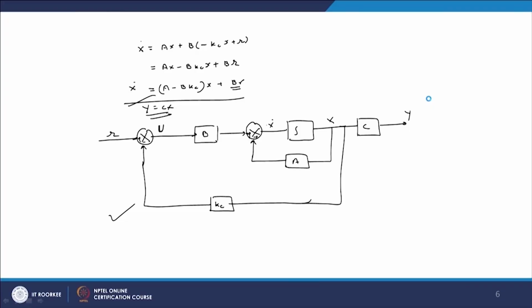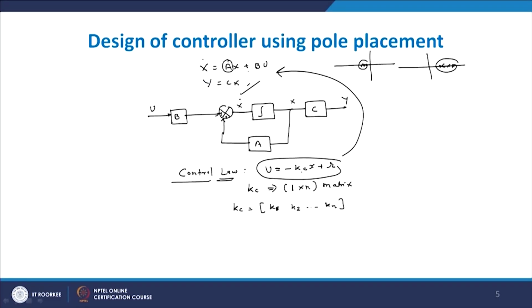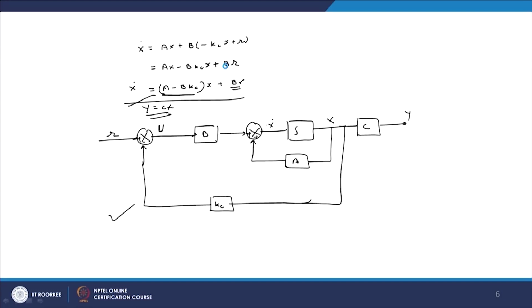So, as per the control law u equals minus Kx plus R, we have got the system matrix as A minus B into Kc. The original system matrix A has some problem, so the modified system matrix is A minus B into Kc.